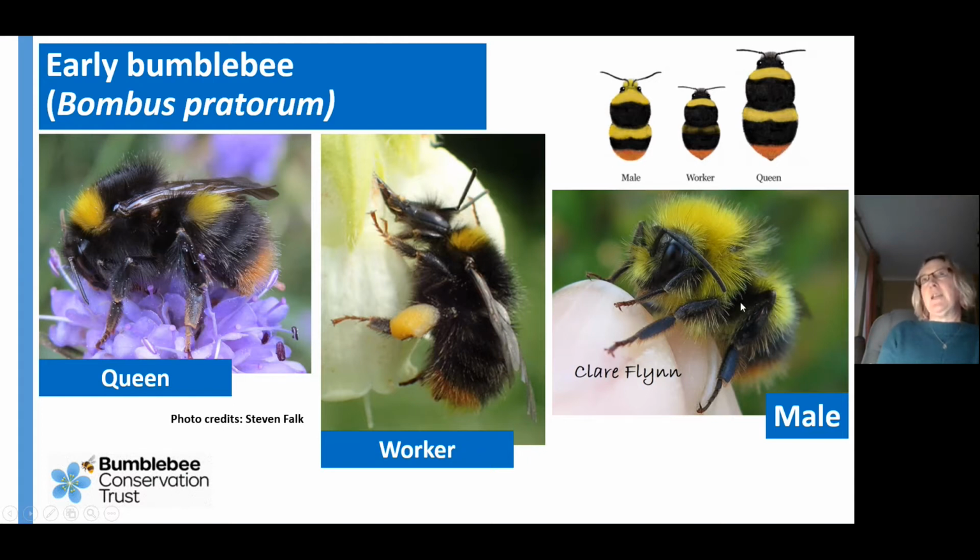So very stunning, but the amount of yellow on the males does vary a little bit. So just beware, they might not appear quite as yellow as that one. Okay, so that's the early bumblebee, Bombus pratorum.